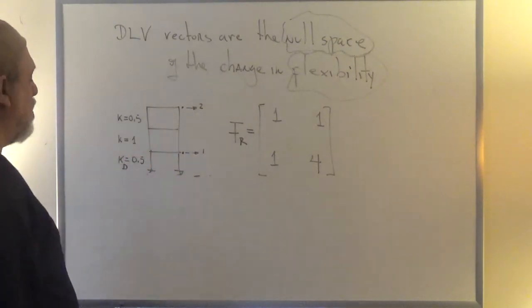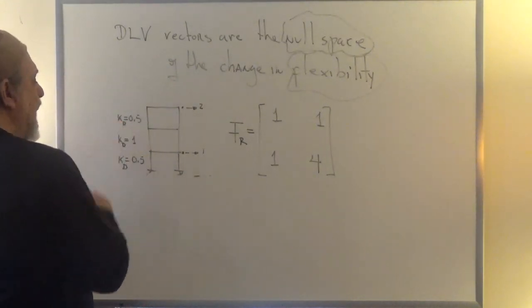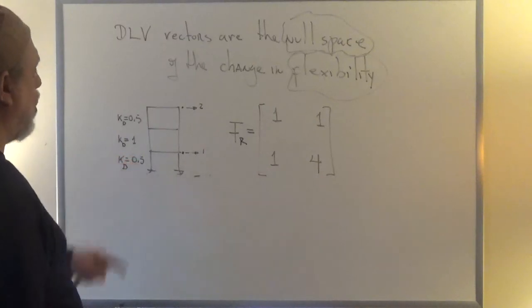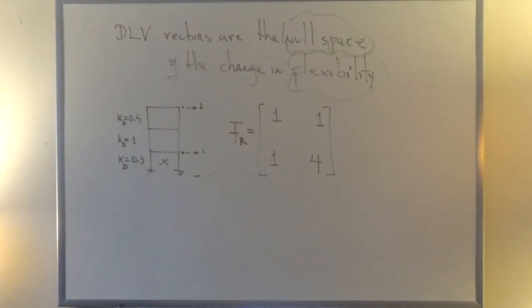Again, I want to keep the numbers simple, right? So in the damaged state, only the first floor changed, and it was damaged, and now its stiffness is 0.5. You're going to say that's a lot of damage. It doesn't matter. It could have been 0.9, but if I make it 0.9, it's going to be harder to calculate the numbers, and it doesn't make any difference for showing the technique.